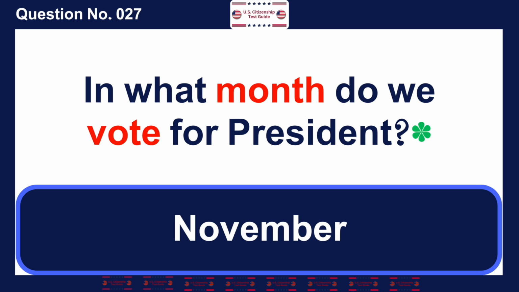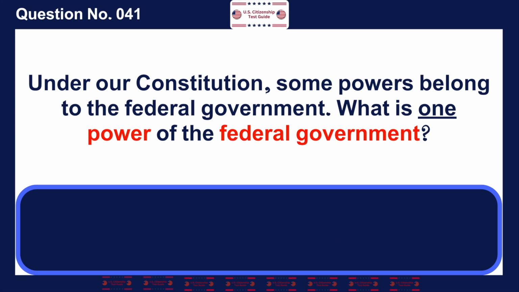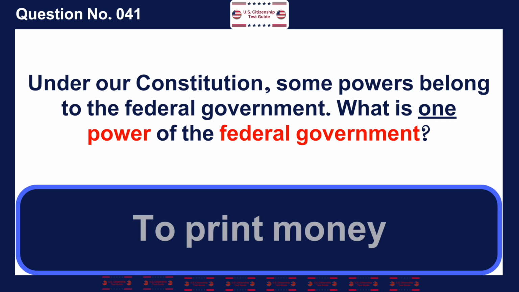November. Under our Constitution, some powers belong to the federal government. What is one power of the federal government? To print money.